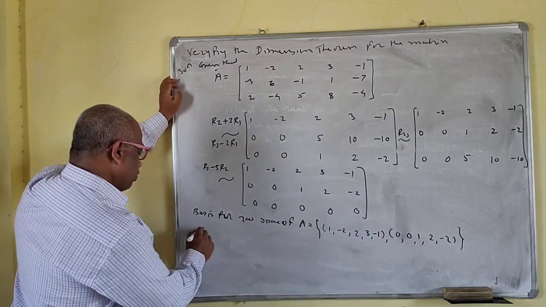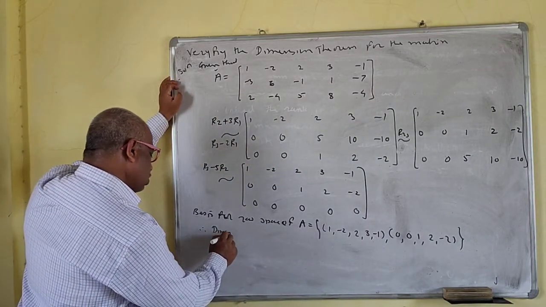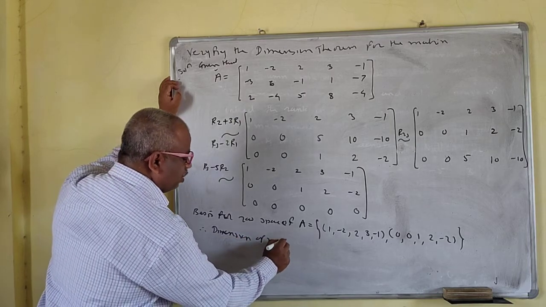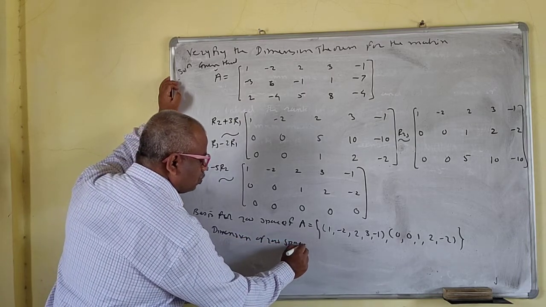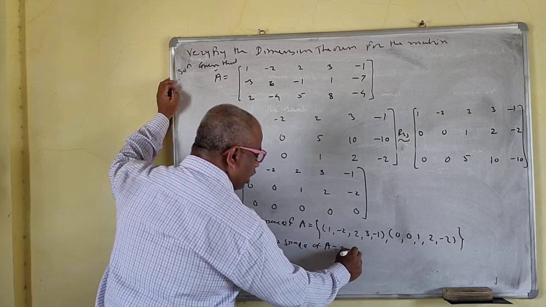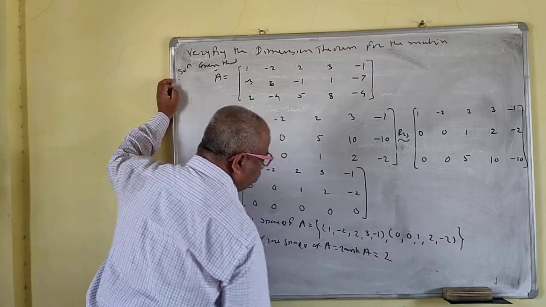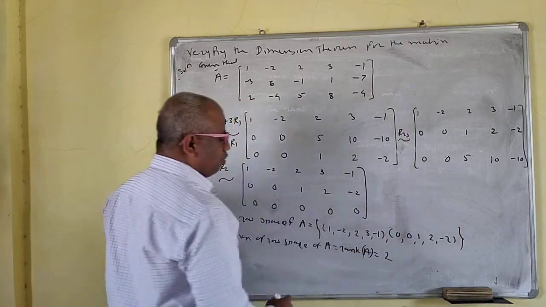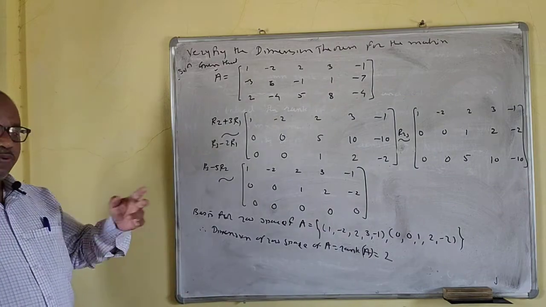Okay, so therefore the dimension of the row space of A is equal to the rank of A, which is equal to 2. So you get the rank of A is equal to 2. Okay, so now we'll find the nullity.